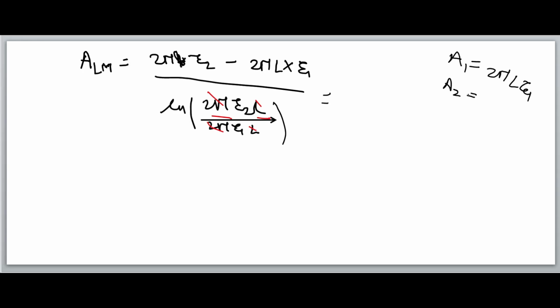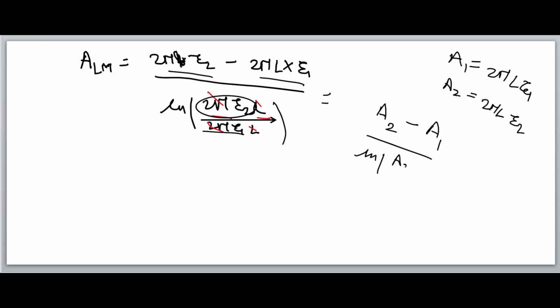Similarly A2, the outer surface area, is 2 pi L into R2. So the upper part is A2, the lower part is A1. So it will be equals to A2 minus A1 upon ln of A2 by A1.